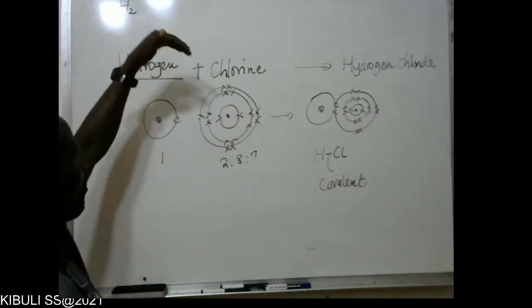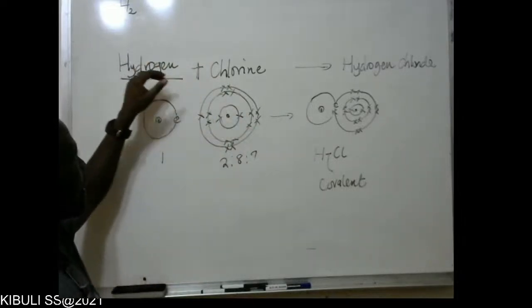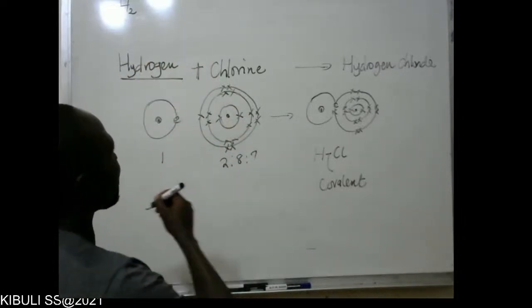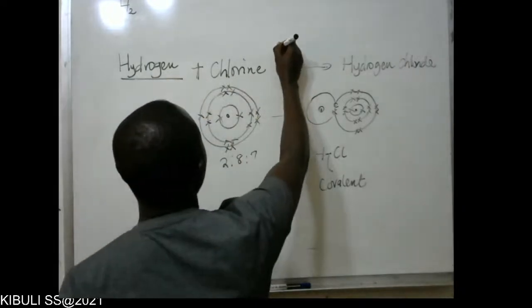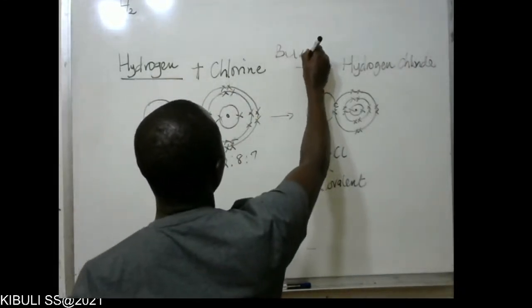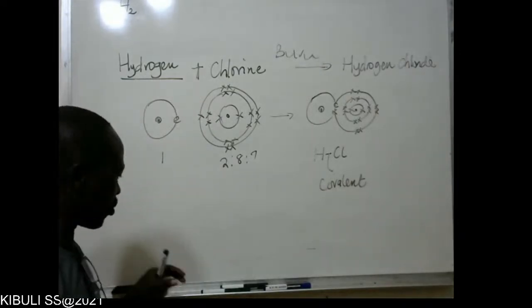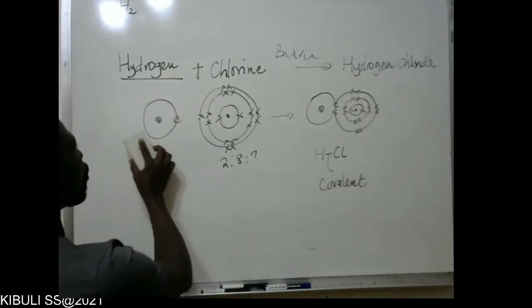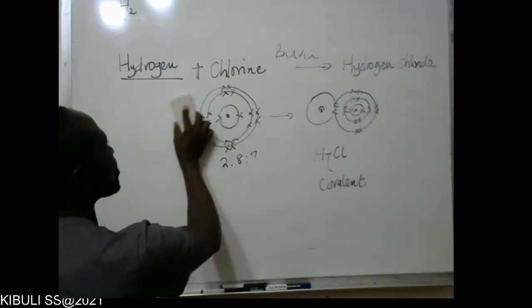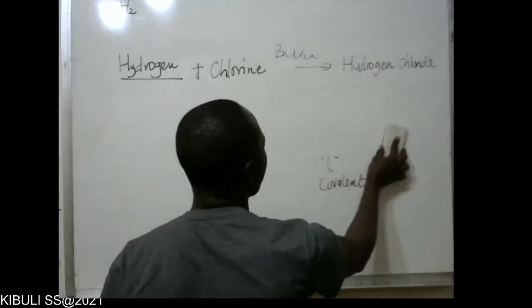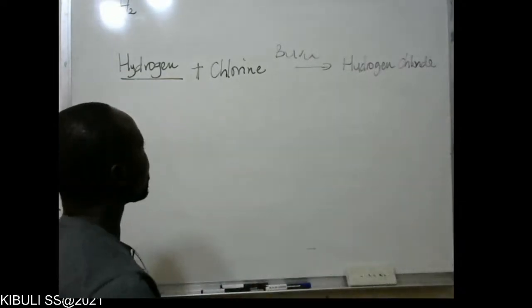So I hope you have remembered using senior 2 chemistry that this reaction is going to take place. By the way, this reaction requires that you burn. So when you pass chlorine over hydrogen mixed with the chlorine, and you burn, the two are going to give us hydrogen chloride.